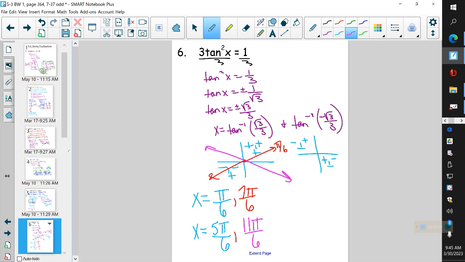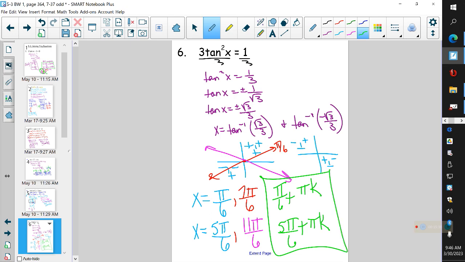So you're going to get all 4 angles, but instead of writing it as 4 angles, you're going to write pi over 6 plus pi k, and 5 pi over 6 plus pi k. And that is giving you every one of those angles because you're getting the diagonals out of them as well. Okay, that's getting all 4 angles.